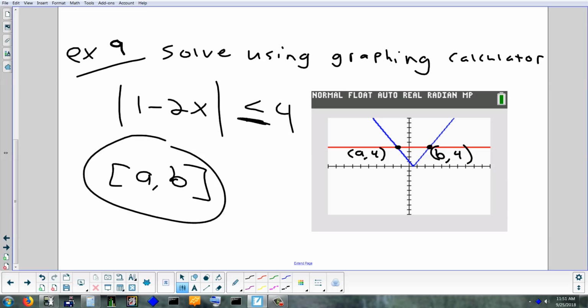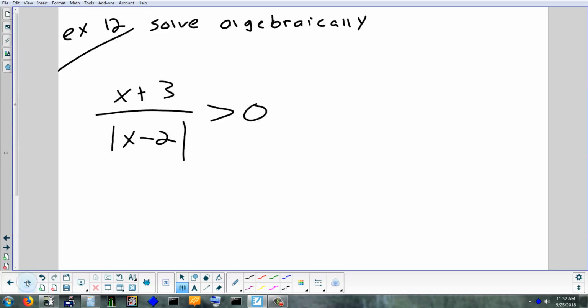So any value between A and B, if you plug it in, you'll get a point on the blue graph, and it would be below the red graph. If you pick values outside of A and B, bigger than B, you're going to be way up here. That's above the red graph. That's not what they wanted, below. So one we definitely could have done by hand, but that's how you could do it on a calculator. So you got to find 2 intersection points.